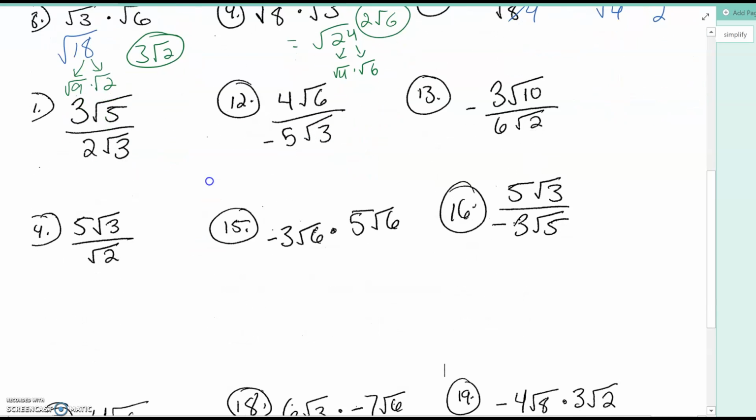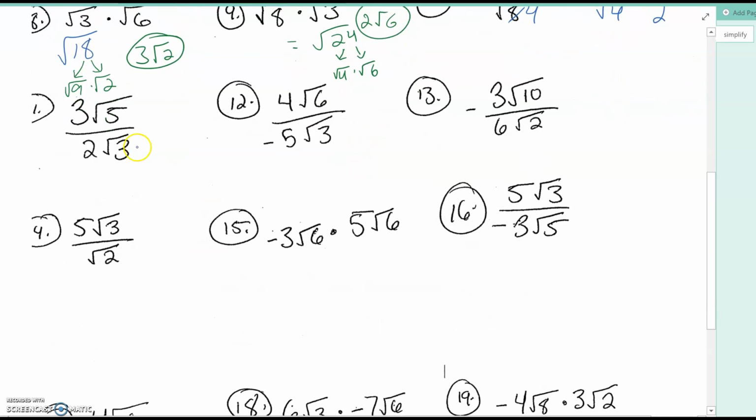All right. In number 11, I would do top and bottom by the square root of 3. So I would get 3 square root of 15 over, now square root of 3 times square root of 3, that would give me the square root of 9 down there.